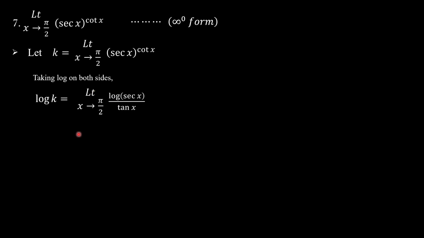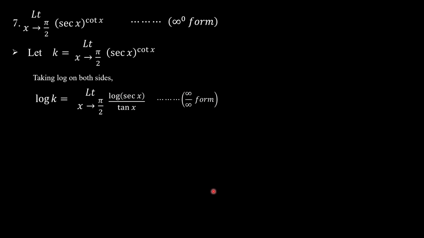Now apply the limit. Secant pi by 2 is infinity, so numerator you will get log infinity, which is infinity. Tan pi by 2 is also infinity. So infinity by infinity form. Since we know that if we get the limit as 0 by 0 or infinity by infinity, then we can use L'Hospital rule to evaluate that limit.